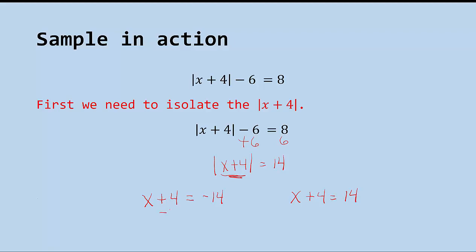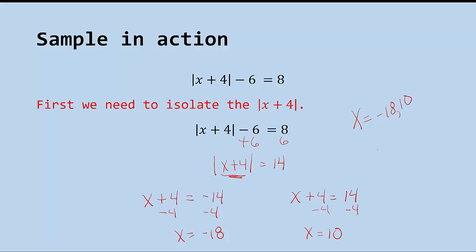So by simply now doing the arithmetic, we'll start with the left. Our two choices: if x is negative 18, then the value inside the absolute value would work. In this case, we subtract 4. We get 10. Now you could check these answers. So we'll make our list here of negative 18 and 10. And we could check it.